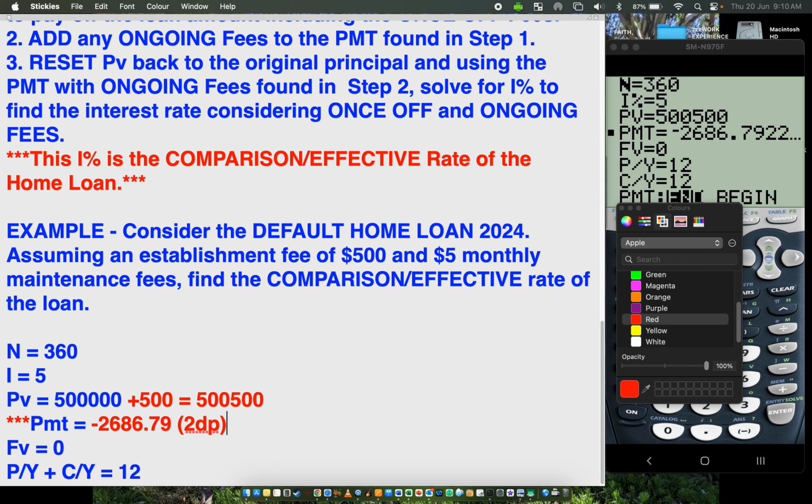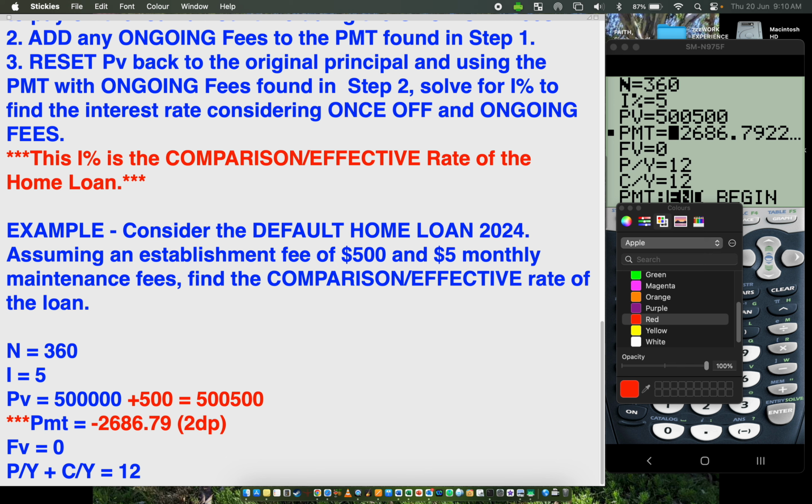So right now we have accounted for the once-off establishment fee. But is there an extra fee here that continues over and over? What is that? The monthly fee of $5. Okay? So now we have to account for that. PMT is negative. So if I add 5 to that, is that going to achieve what I want? I need it to be more negative because the payments are getting bigger.